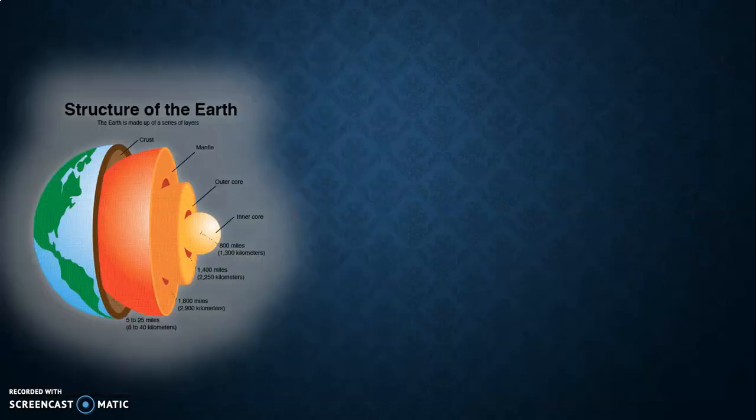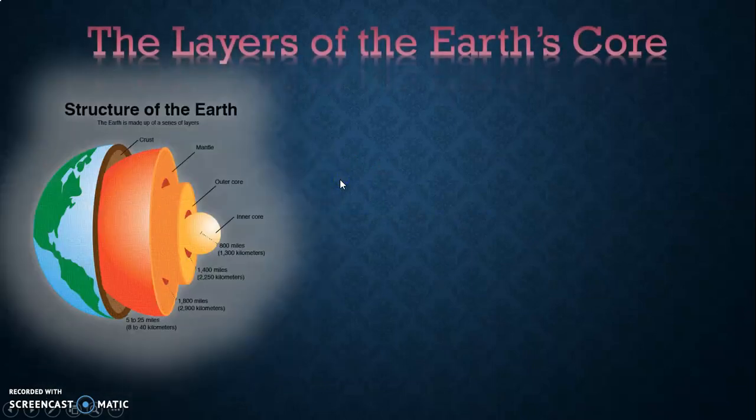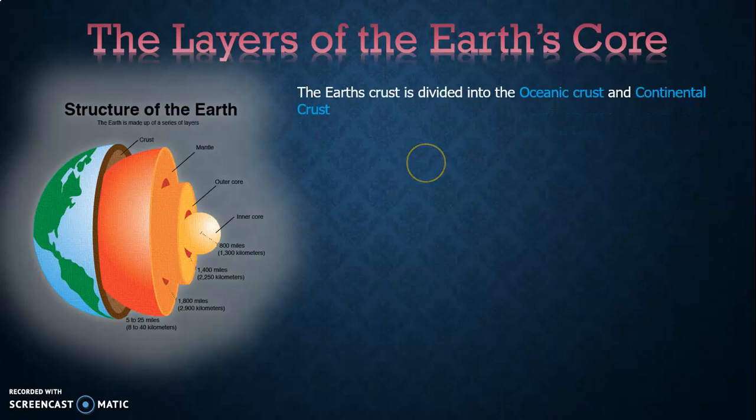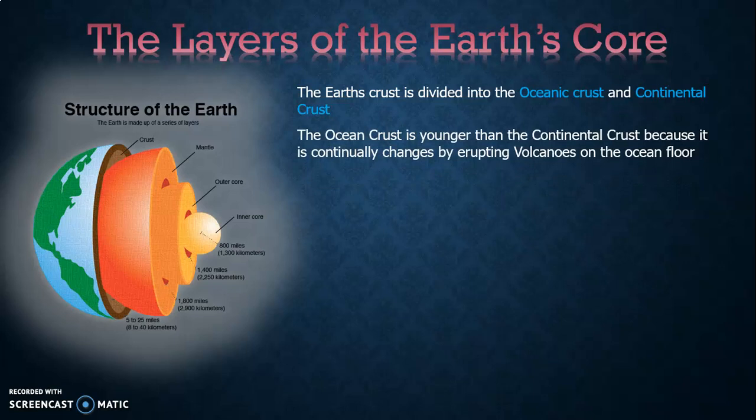Here's another picture that I have, the structure of the Earth. You can see the crust, the mantle, the outer core, and the inner core. There are layers that make up the Earth's core, which you can see in that picture. The Earth's crust is divided into the oceanic crust and the continental crust. The ocean crust is younger than the continental crust because it is continuously changing by erupting volcanoes on the ocean floor.